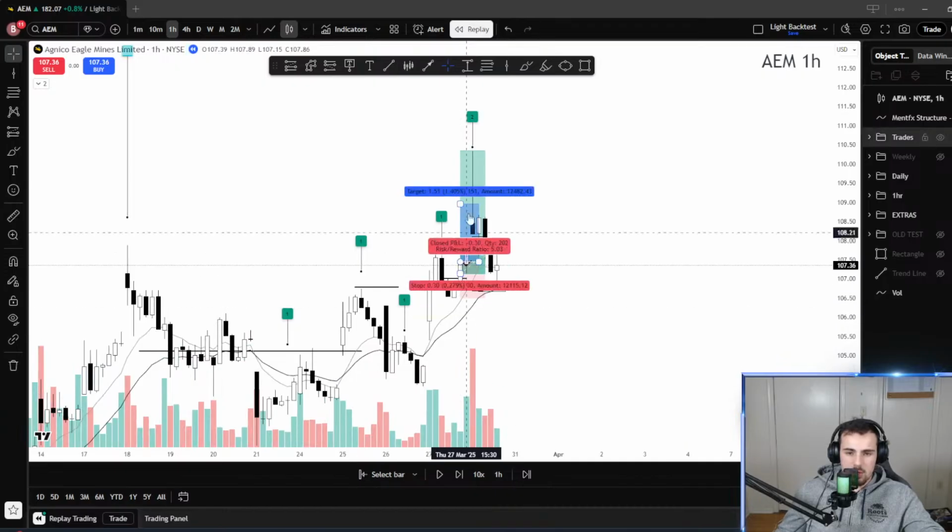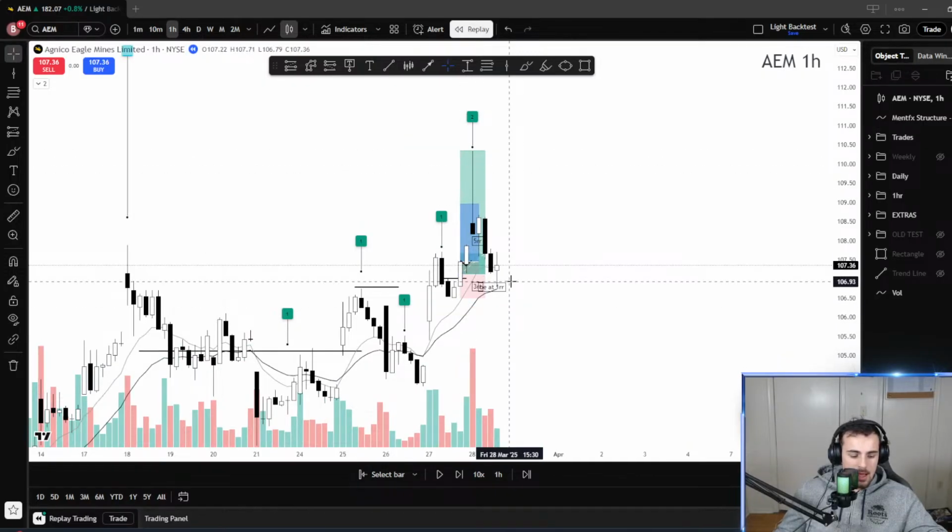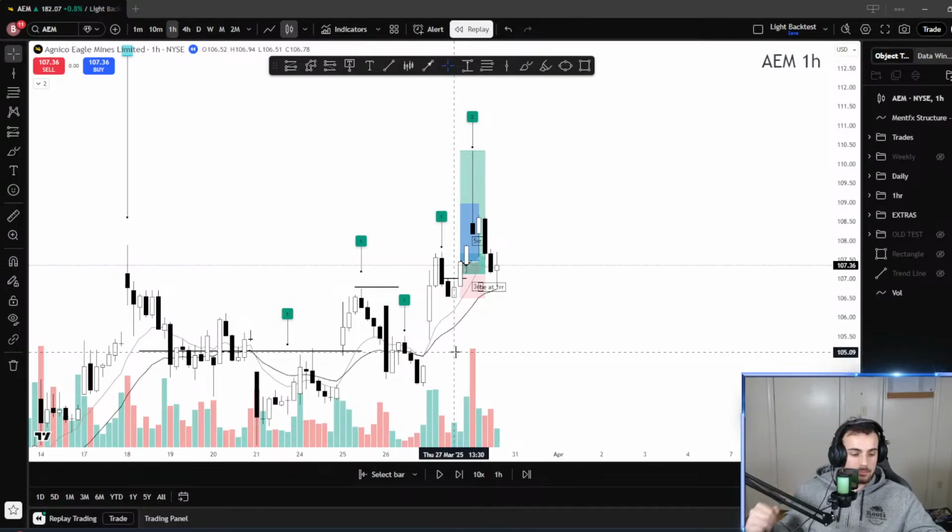So where we left off is price created this big range on the 1 hour, and I'm expecting it to fail, but let's see what it'll do. Two simple things we're looking for.